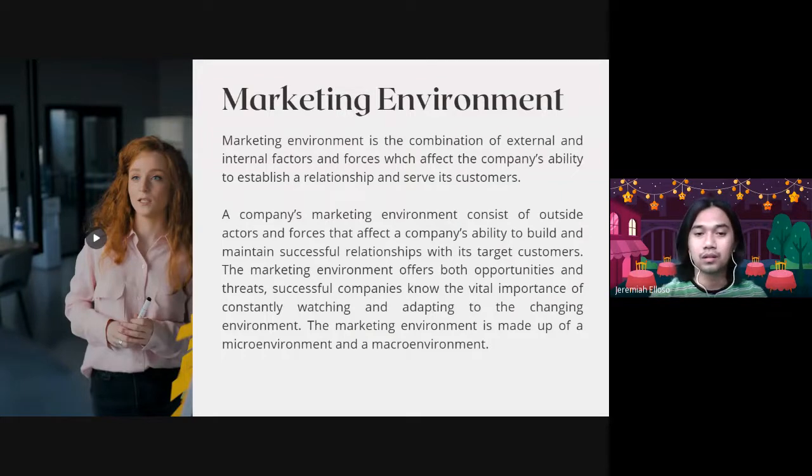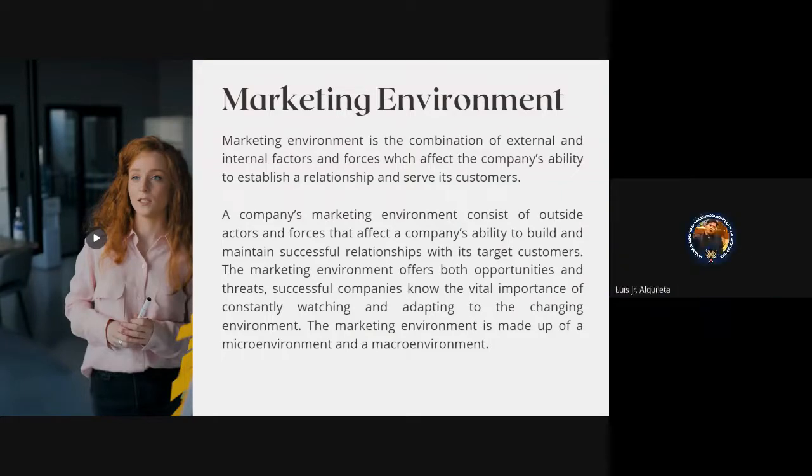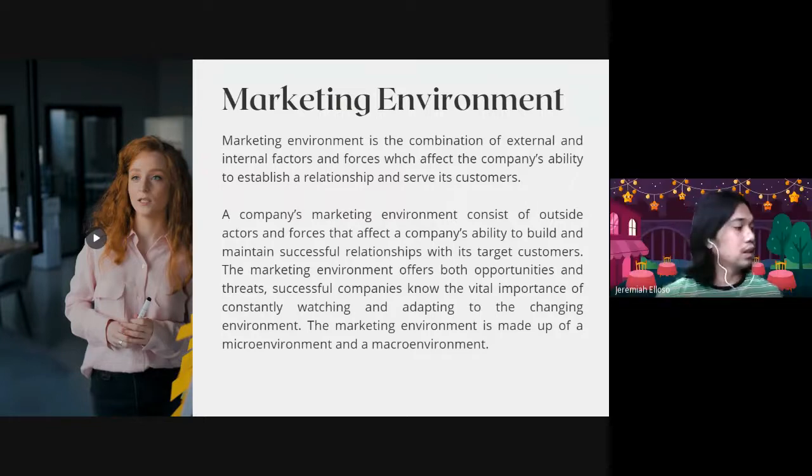Right now, I am teaching macro perspective of tourism and hospitality. And if you would remember, the macro perspective talks about the general overview of tourism and hospitality.